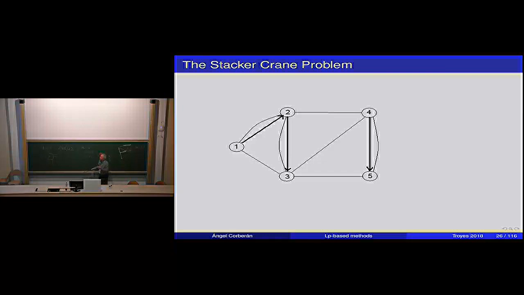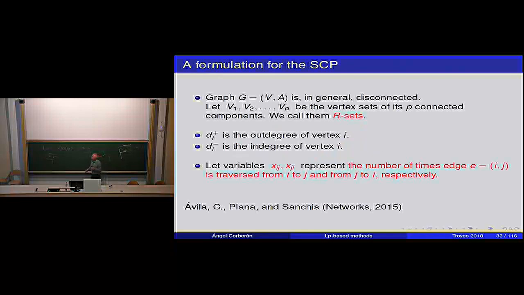So imagine something like that. I have to transport a container from here to here, from here to here, and from here to here. And the crane can move along any of these edges in any direction. This is a mixed graph. I have to do this movement in this sense, following this arc, but I can move from here to here or vice versa. So a solution could be something like that. And I try to find the best tour traversing at least once all the arcs in red in the figure.